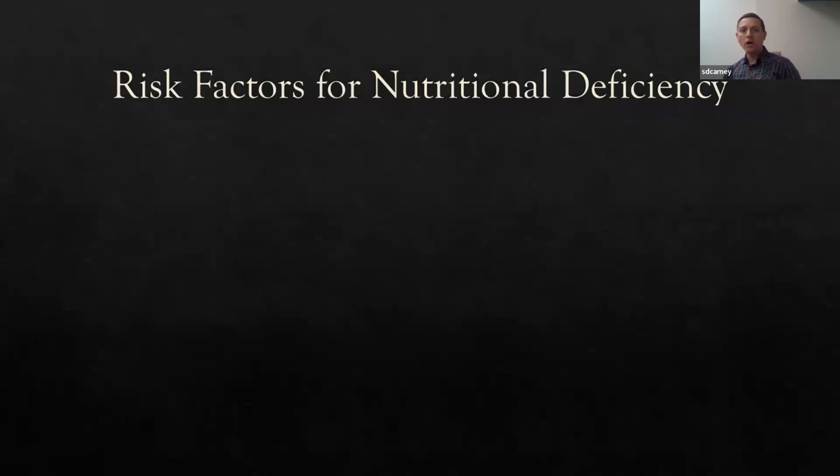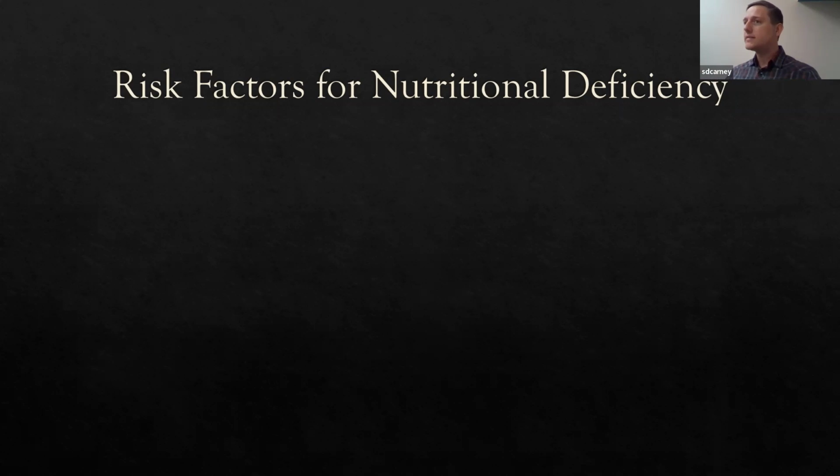Okay. All right, so first topic, this is a write down answer. For each one you get correct, we'll give you a point. I want you guys to think about what things set somebody up for risk factors for nutritional deficiency, okay? So it can be diagnoses, it can be things that we do to people.